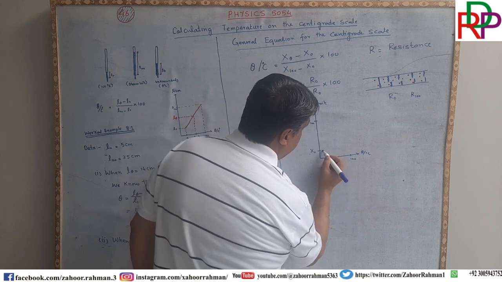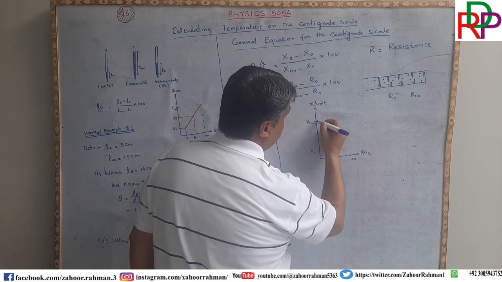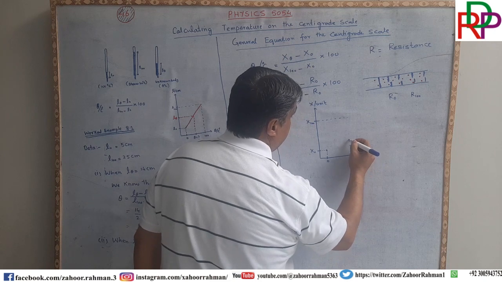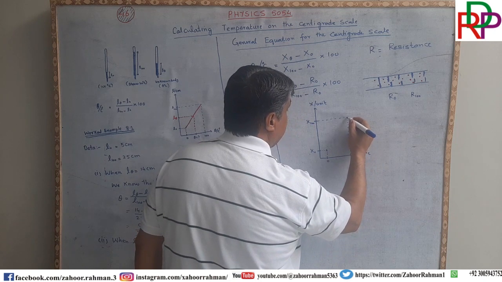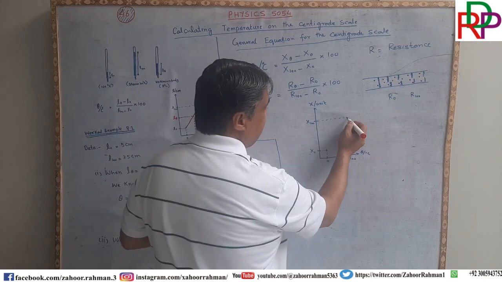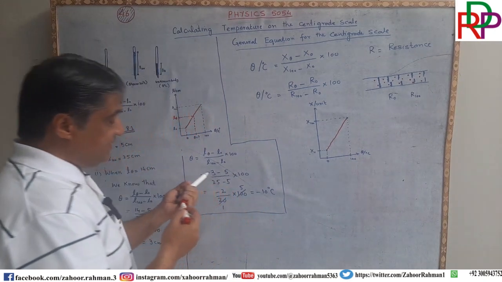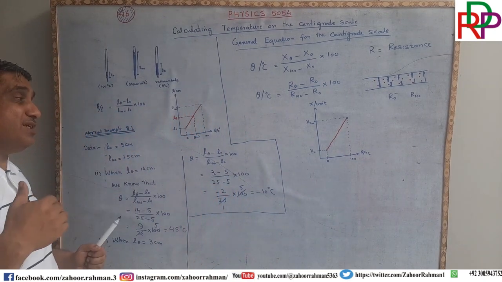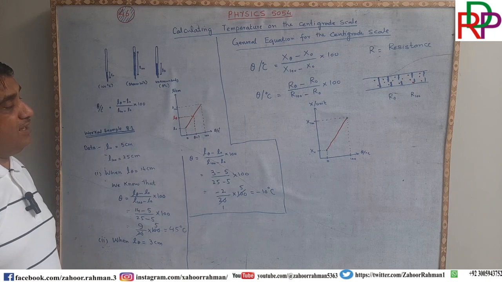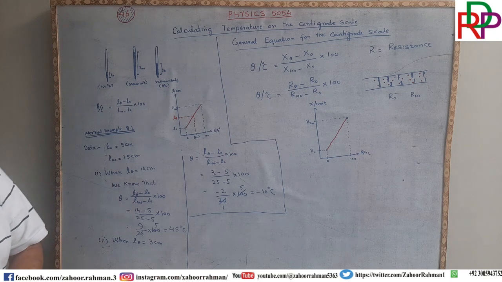So we will have to mark 0.1 here and 1 we will mark here, and then we have to connect these 2 points, and the resistance of the unknown wire will be on this line.